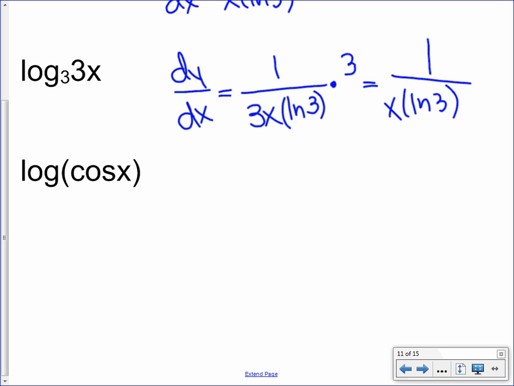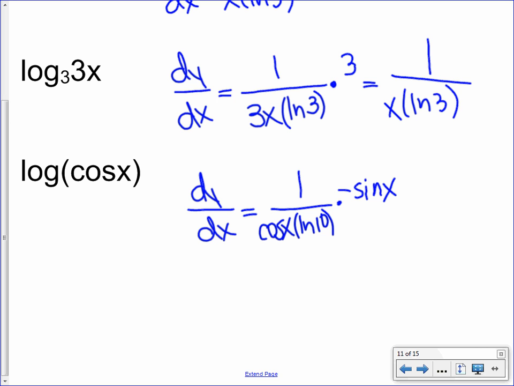If there's not a base, what is it? Base 10. So, derivative: 1 over what's inside. It's not base e, so we multiply by natural log of 10. Chain rule: what's the derivative of the inside?